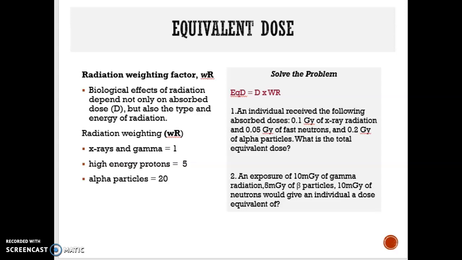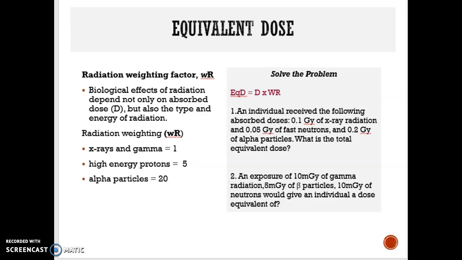So the radiation weighting factor or the quality factor represents the different types of radiation that have different biological effectiveness. The equivalent dose is expressed in a measure called the sievert. That is the SI unit of measurement. The greater the rate at which the radiation transfers energy to the tissue, the greater the biological damage will be. And so these radiation weighting factors give that some relevance.